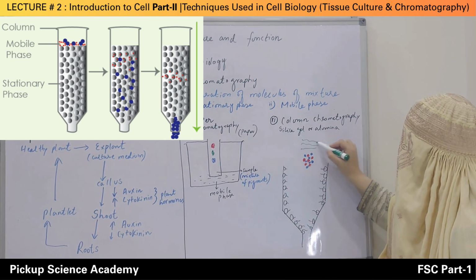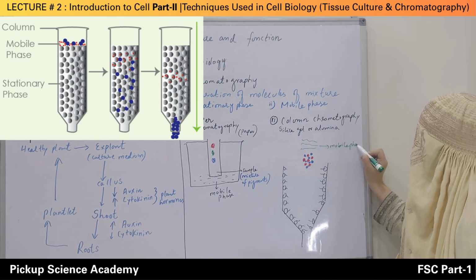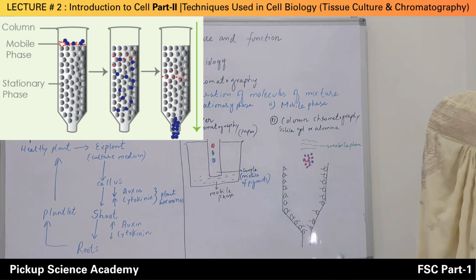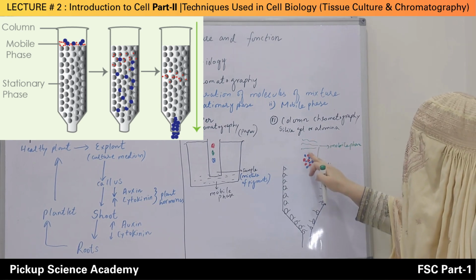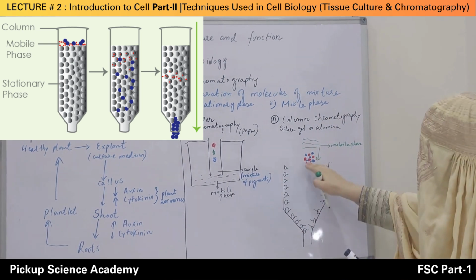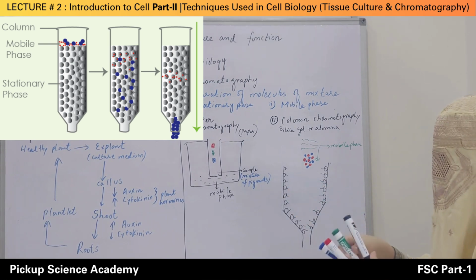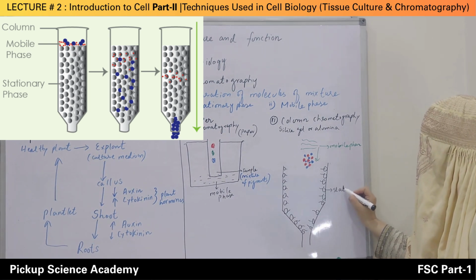Okay, we use a mobile phase, which can be gas, which can be liquid. And that will flow over this mixture from our sample, and move that sample over this glass column which contains our stationary phase. This is our stationary phase.